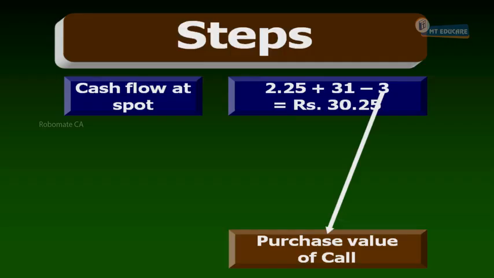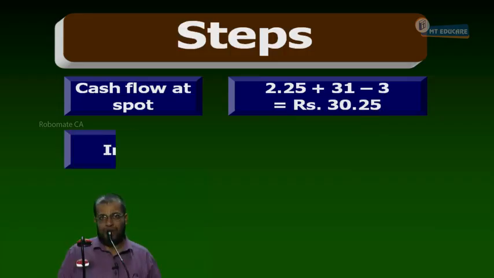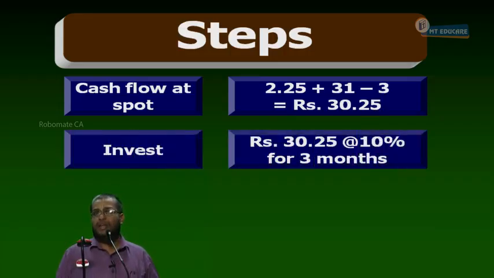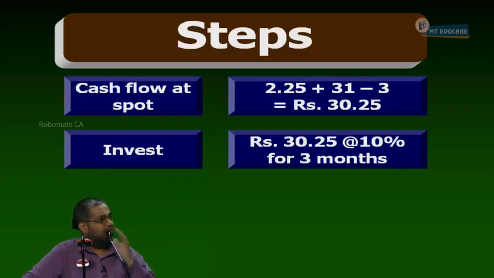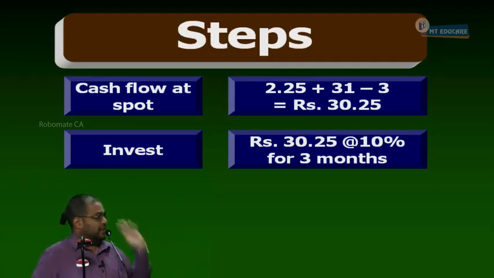Continue writing: deposit the above 30.25 at 10% for 3 months. Yes or no? Is everybody listening or not? Can I proceed further?